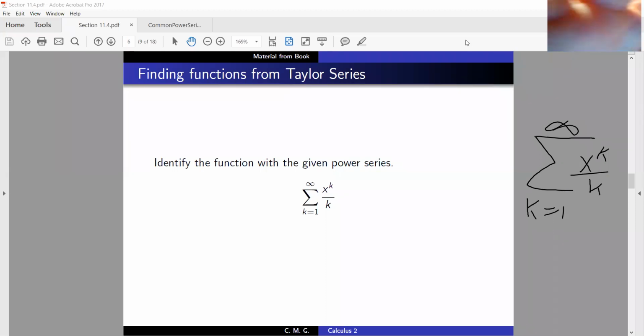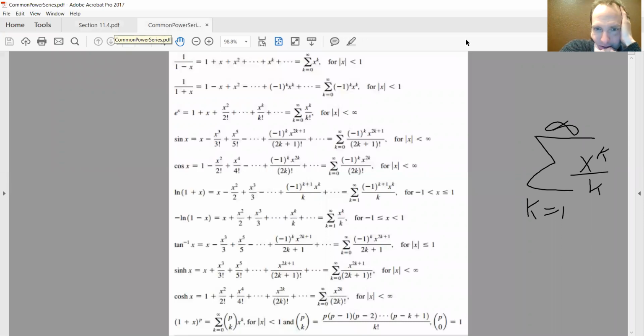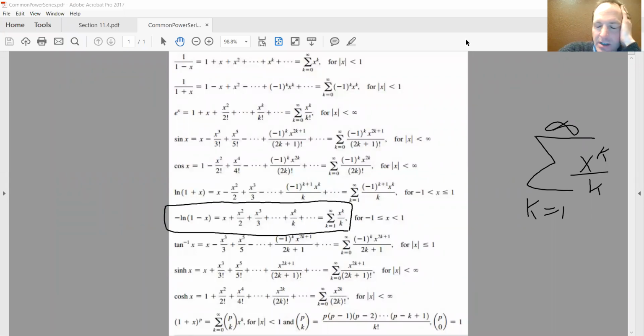I'm going to go back over here and see if we can spot this one. Oh, in fact, look at that. It's exactly this expression. What I get here is negative natural log of 1 minus x. And that's exactly the expression I get. I don't have to plug anything in for x because that's the exact expression I'm given.